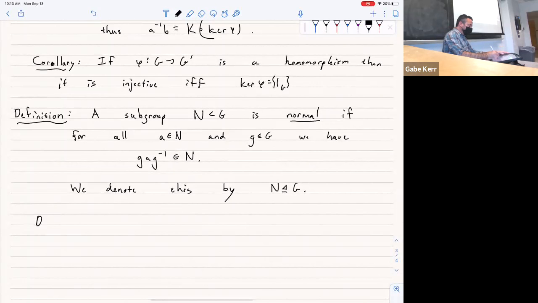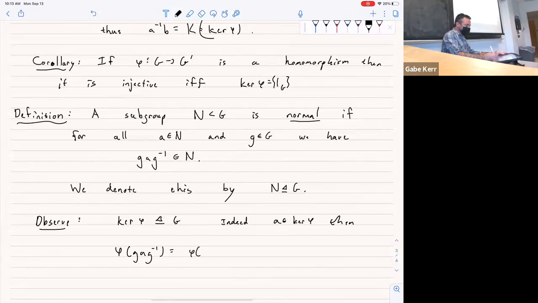Now observe that the kernel of a homomorphism satisfies this property, for any homomorphism. If A is in the kernel, then if I take a conjugate of A, this is equal to this, by the last lemma we have.